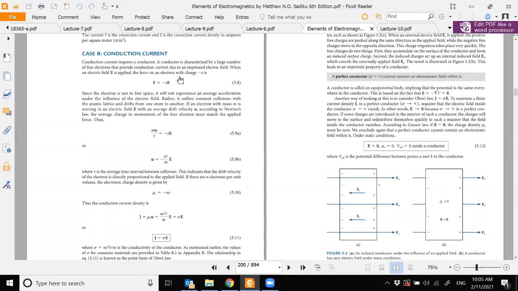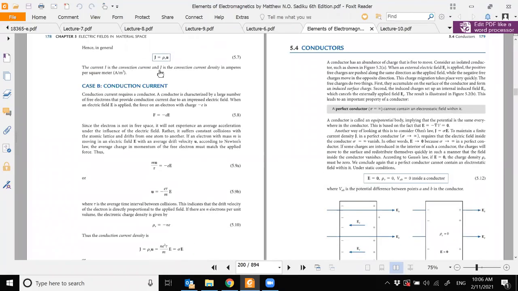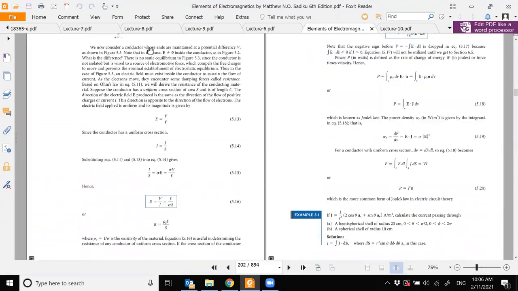The electrons will have a lot of collisions as they move because of the atoms present in the conductor. So this is the conduction current density. In convection current density, it is simply rho v times u. So this is what we have seen in our previous classes.